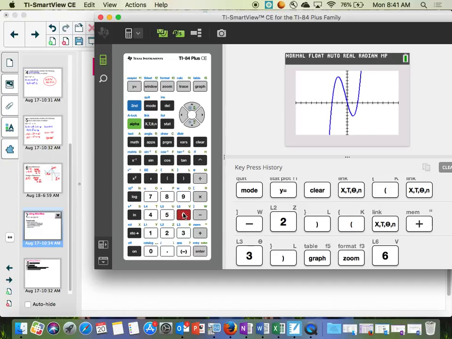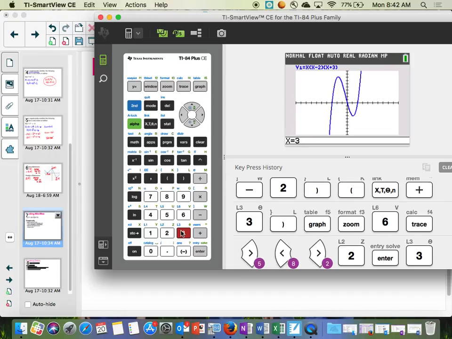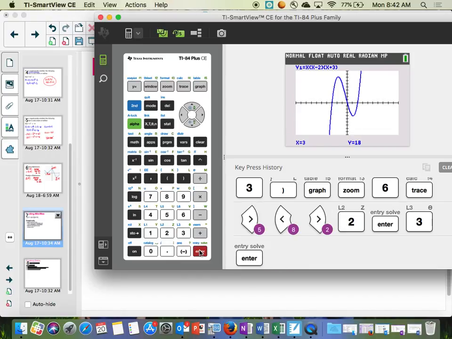Now, here's this button right here called trace. If you hit it, you can arrow back and forth on your graph, or if you hit 2, enter, it'll give you the coordinate for x is 2, or 3, enter, it'll give you the coordinate 3, 18. Okay, so that's kind of fun.